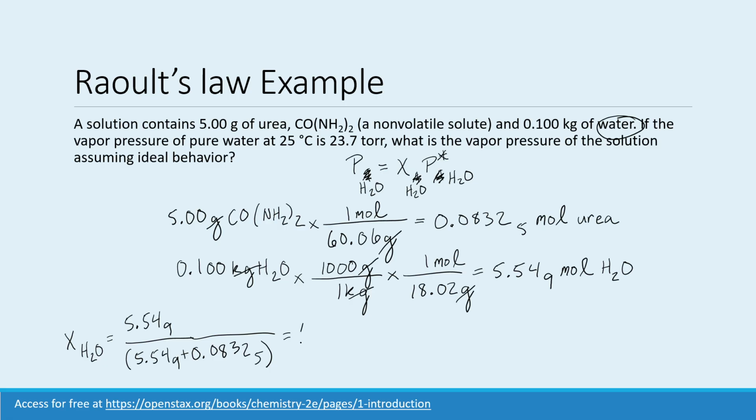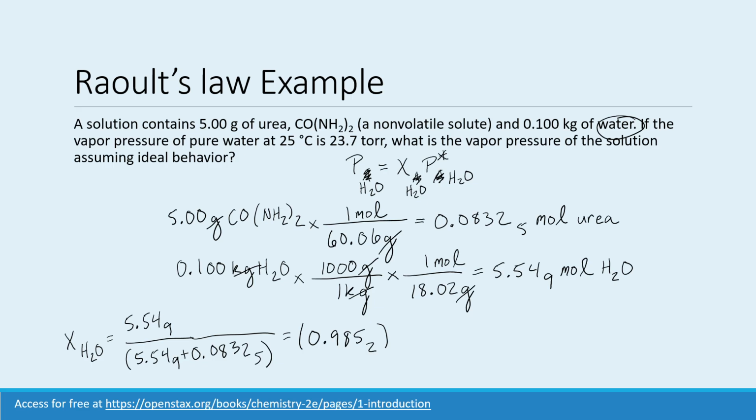Okay, and so you get back a mole fraction of water. Of course, you should anticipate that it will be getting close to a value of 1, right? Because water is going to make up the largest amount of that solution. And so you get 0.9852 for your mole fraction of water.